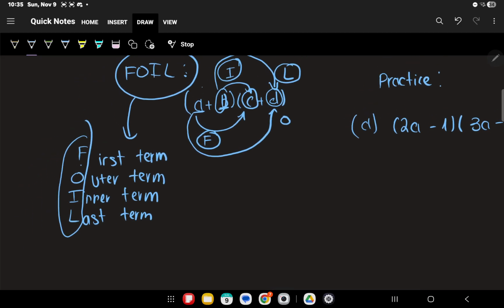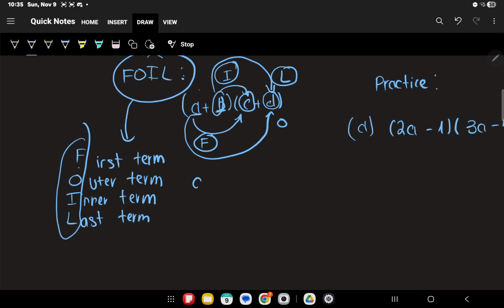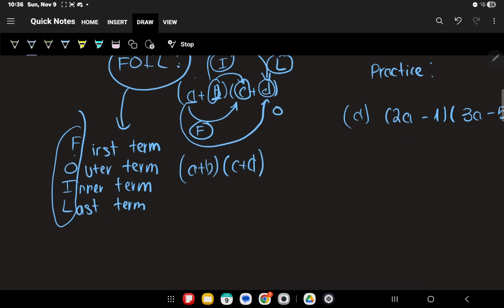Okay, so let's apply it. Let's rewrite it here. The first term, F for FOIL: a times c equals ac. Our next term is the outer term: a times d is ad.